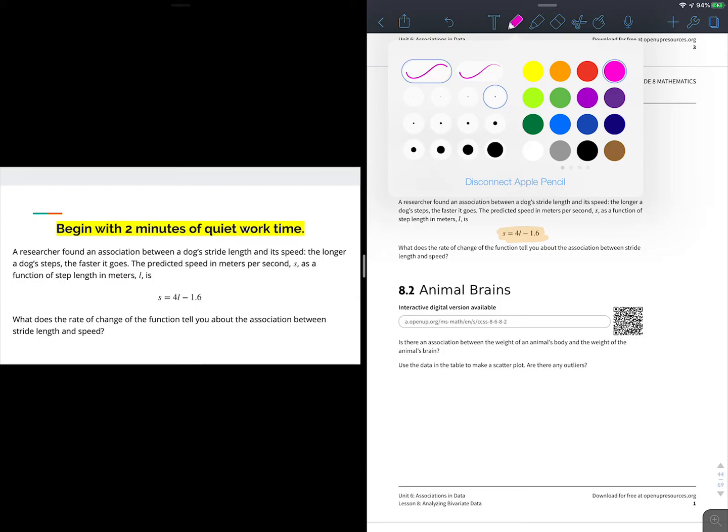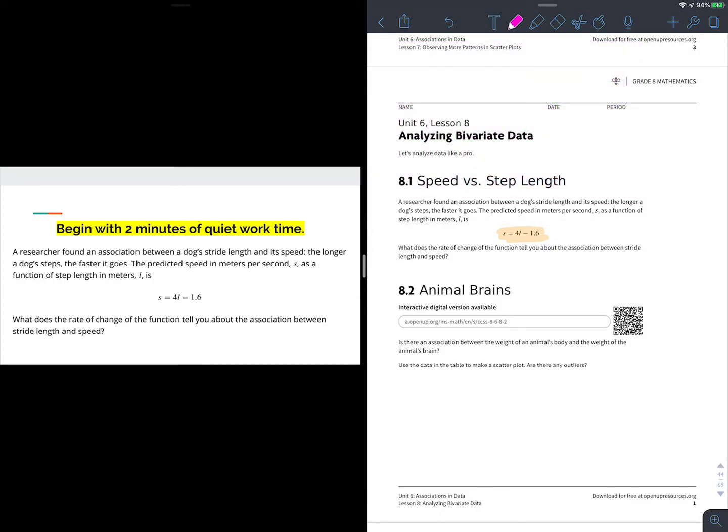So this actually tells us that for every 1 meter increase in a dog's step length, its speed increases by 4 meters per second, which we see in the equation.